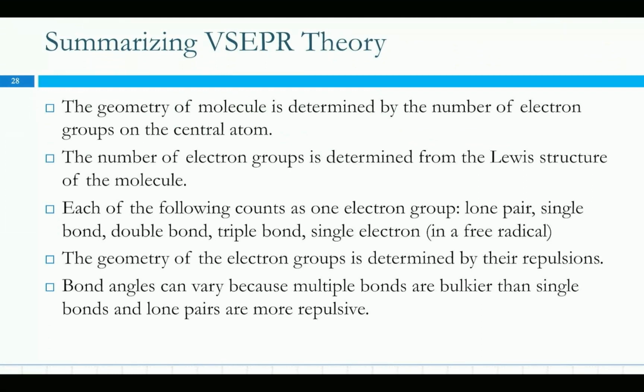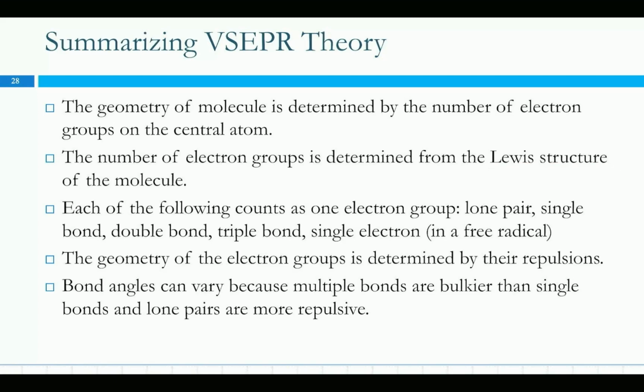So the whole thing for VSEPR theory is the atoms are moving as far apart as possible. So if you're good at visualizing that in your head, then you can just do it in your head and you don't have to memorize the different names. It's really the names that come out of the AXE notation, determined by the number of electron groups, and you get the number of electron groups from the Lewis structure.